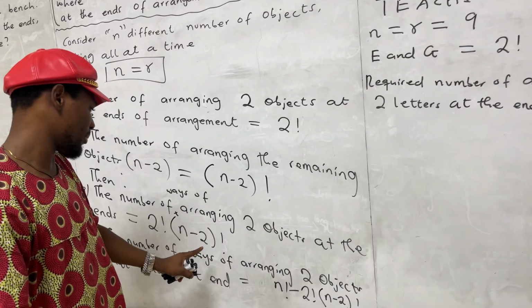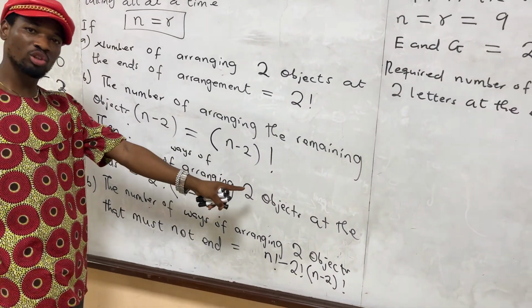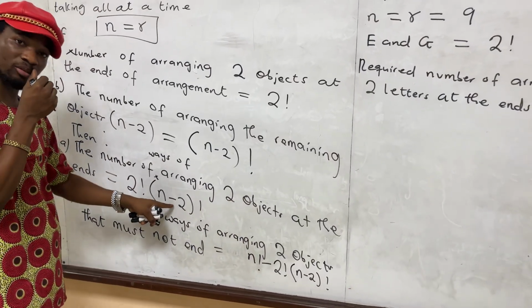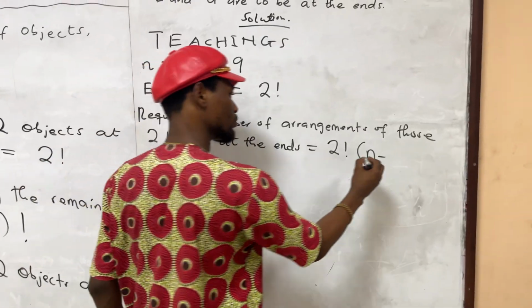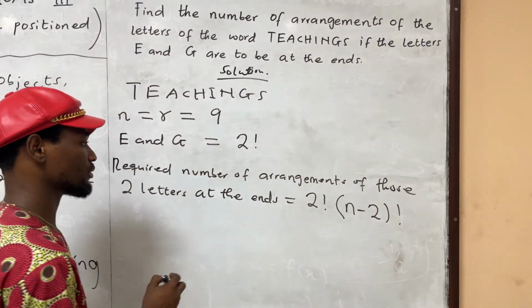Viewers, we are using this formula. So we said the number of arranging 2 objects at the ends is given by 2 factorial, then times n minus 2, then all factorial.